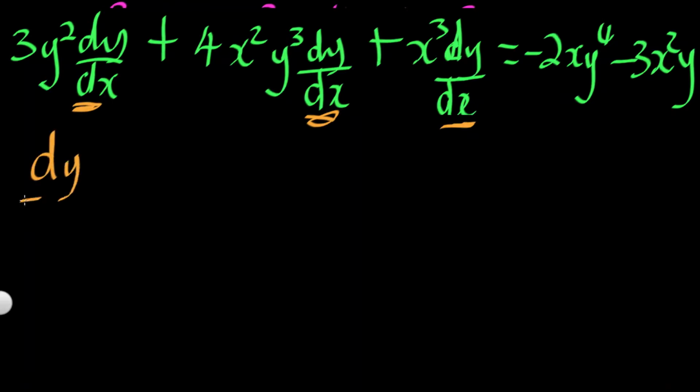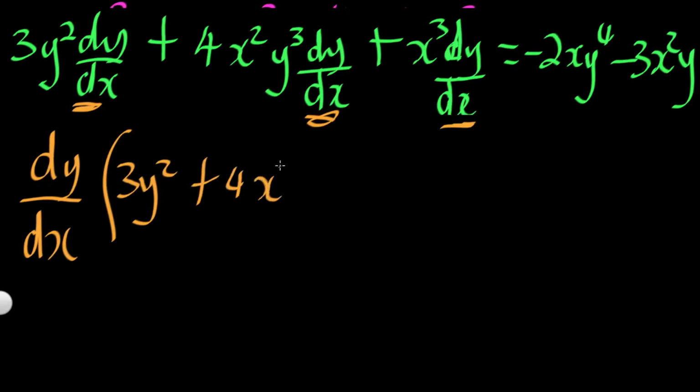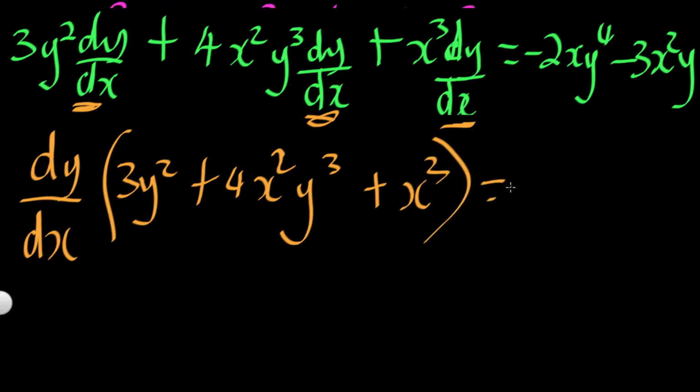So dy dx bracket 3y squared plus 4x squared y cubed plus x cubed, close the bracket, equals minus 2xy to the power of 4 minus 3x squared y.